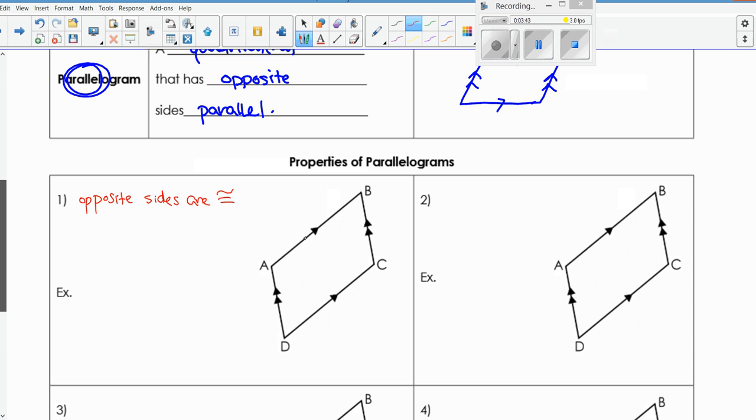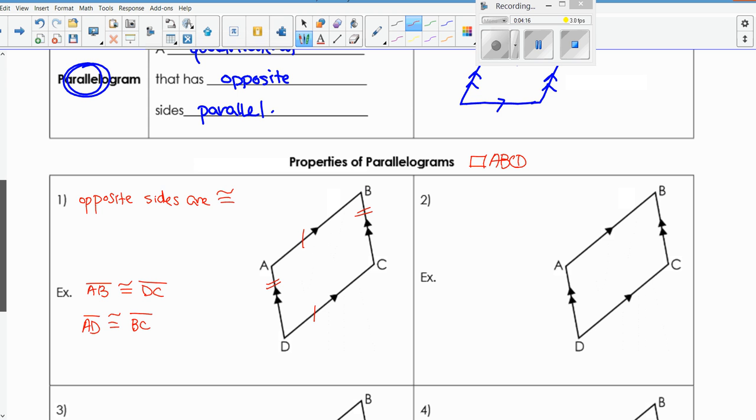So that means that segment AB and DC are congruent. So AB is congruent to segment DC. Okay? That also means that segment AD and BC are congruent. So segment AD is congruent to segment BC. Alright, so all of these are for parallelogram ABCD.